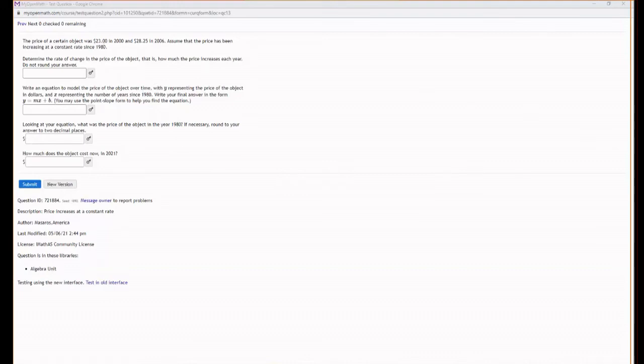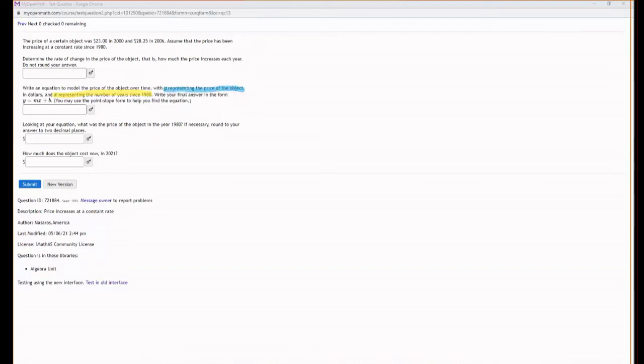So we probably would have picked x to be our date or time. It is helpful though, because you might have just had x equal the date in here. It's saying, okay, let's let x equal the number of years since our starting date, 1980. Okay. And y is the price.